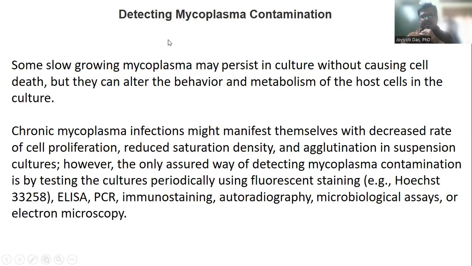Finally, we will end our discussion with how you can detect mycoplasma infection of cell culture. You can either identify the black dots when the cells are already lost, or you can routinely check your cultures by fluorescent staining of the nucleus, ELISA, PCR, immunostaining, autoradiography, microbiological assays, or electron microscopy.